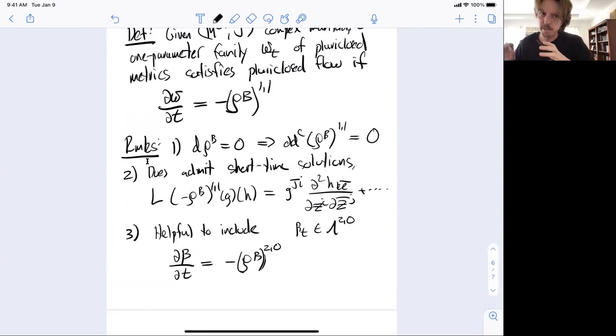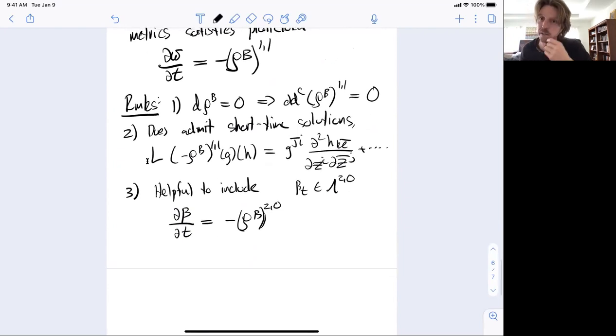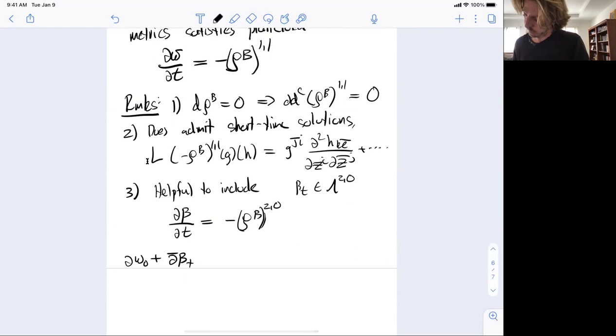And of course, it does contain all the information: the Hermitian metric, the torsion, everything. But somehow keeping track of this torsion potential along the flow is very helpful in various settings. So these will preserve the condition that del omega 0 plus del bar beta t is del omega t.